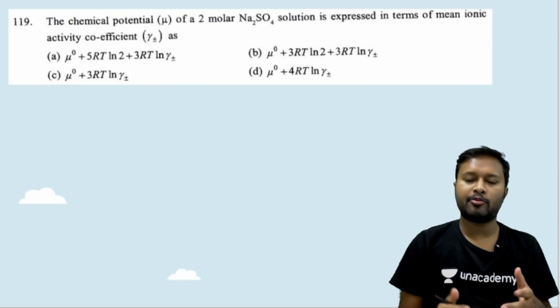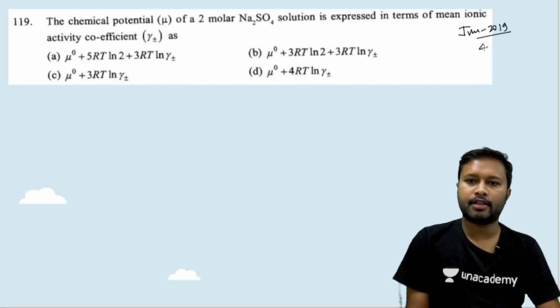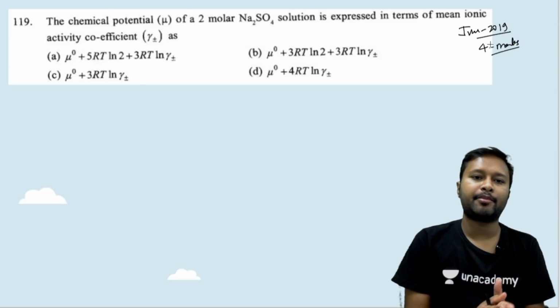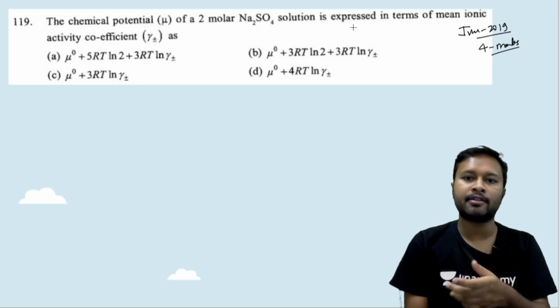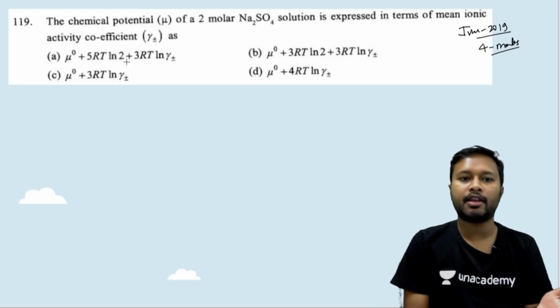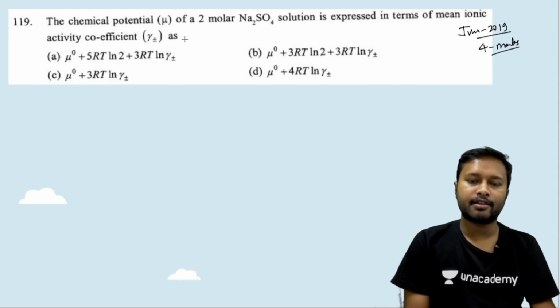Alright guys, let's talk about this particular question which was asked in the CSIR June 2019 exam, and this was again asked for 4 marks. It was a very good question. It says that the chemical potential mu of 2 molar Na2SO4 solution, expressed in terms of the mean ionic activity coefficient gamma, will be. To answer this question you need to know quite a few things.